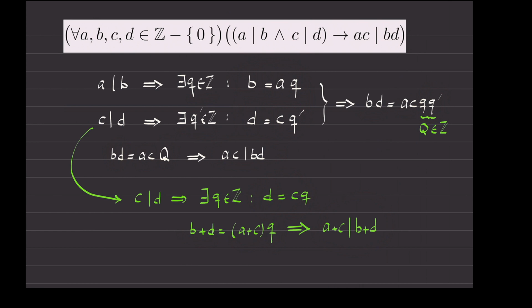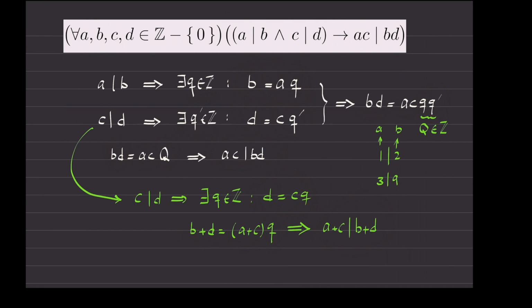But immediately we can bring a counterexample. For example, let us say that we know that 1 divides 2. I am giving the role of A to 1, and the role of B to 2. And I know that, for example, 3 divides 9.